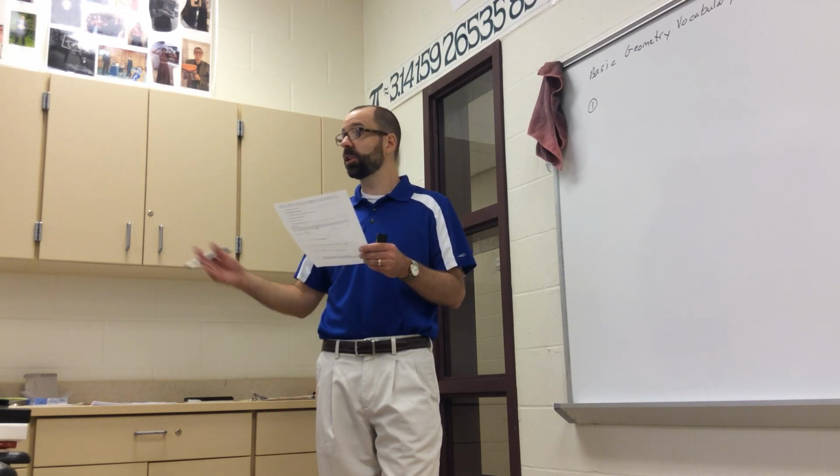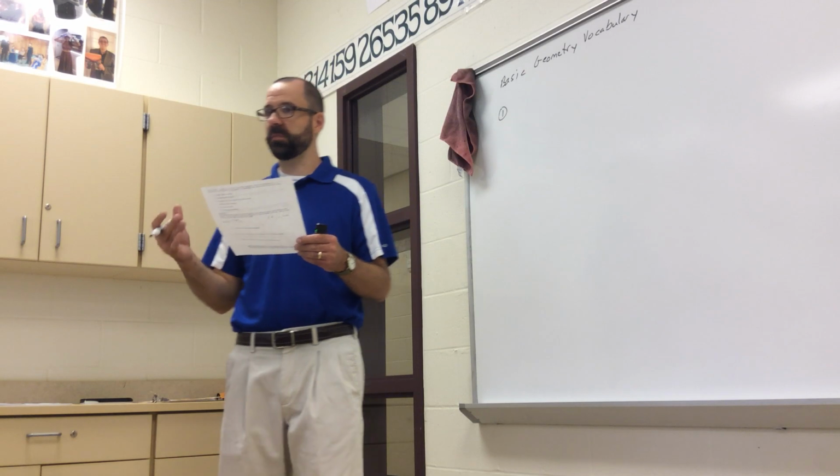Let me read the question to you. It says, why do you think a plane, that's a flat surface, has to be named by 3 points that are not on the same line? Earlier in the class we talked about the name of an angle. We said you use 3 points to name an angle. You also use 3 points to name a plane. And the question is, why do you have to use 3 points that are not on the same line?